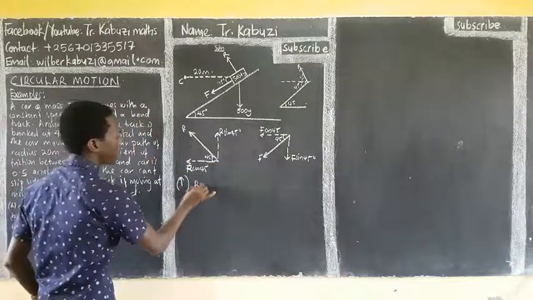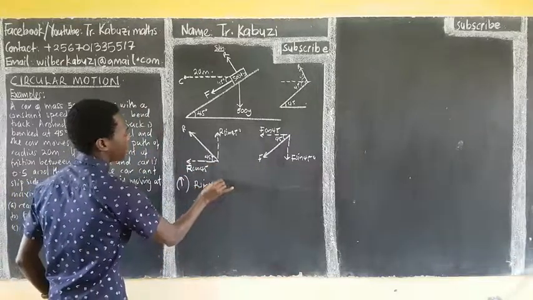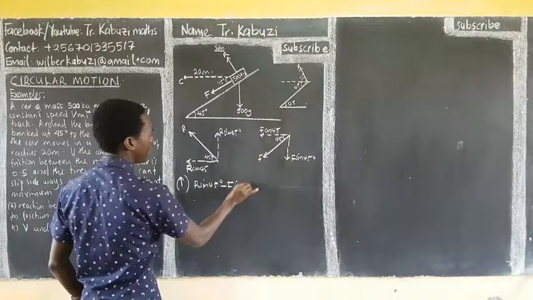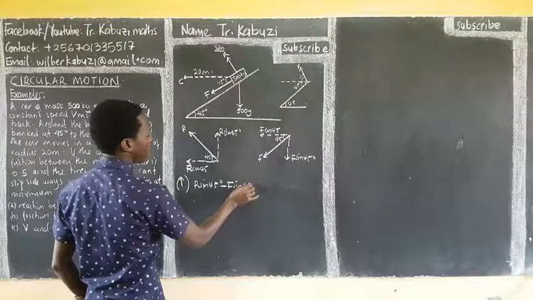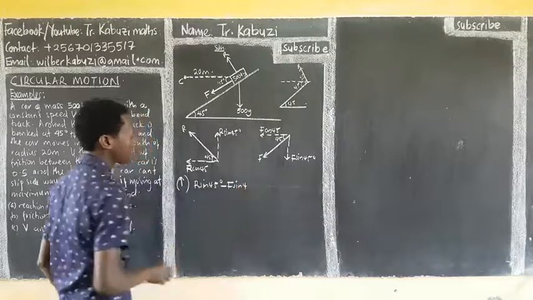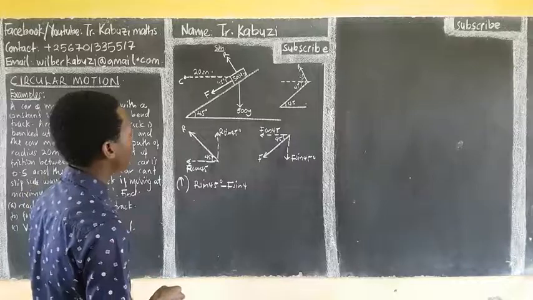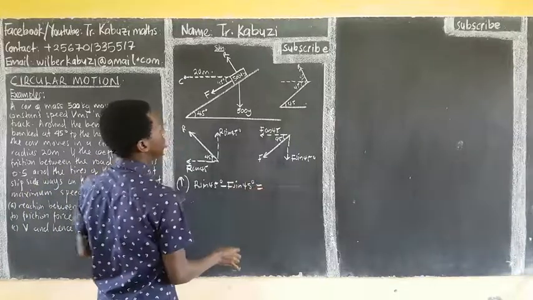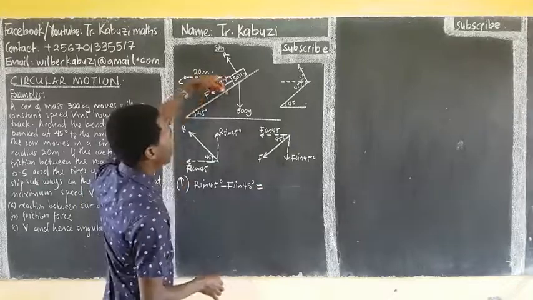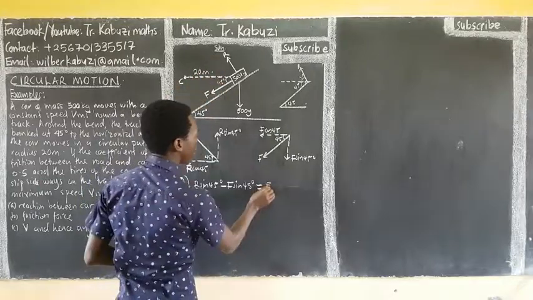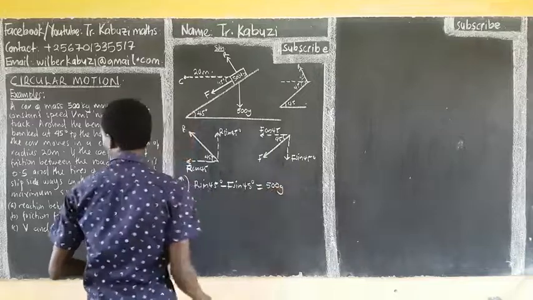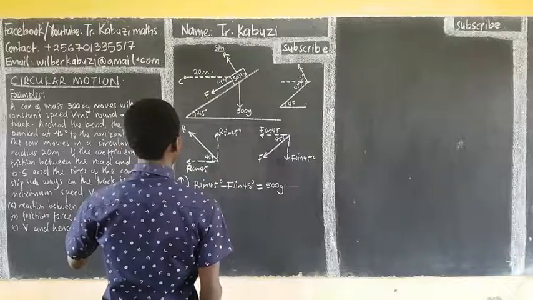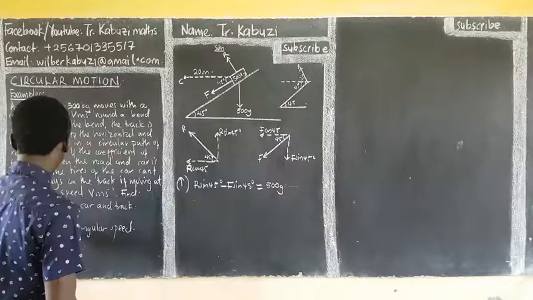So we have R sine 45 degrees, then minus F sine 45 degrees, equaling to, you see now this is the only force acting downwards, which is 500 g. And now from here they wanted us to get just the reaction of the track.